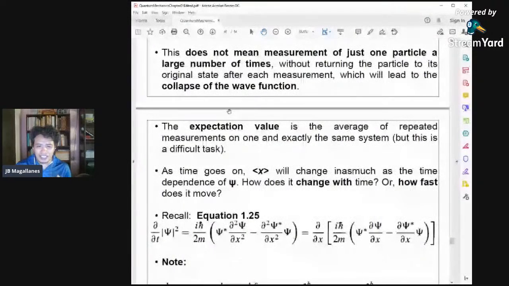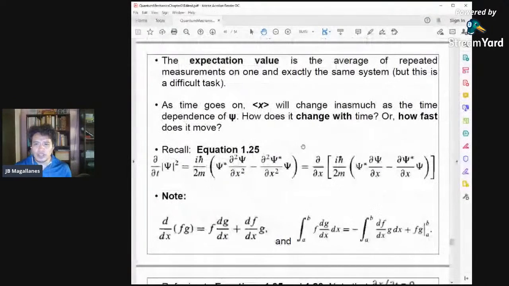So again, we recall. Let me just read first the bullet. The expectation value is the average of the repeated measurements on one and exactly the same system. So it's one system, but repeated measurement on exactly the same system.